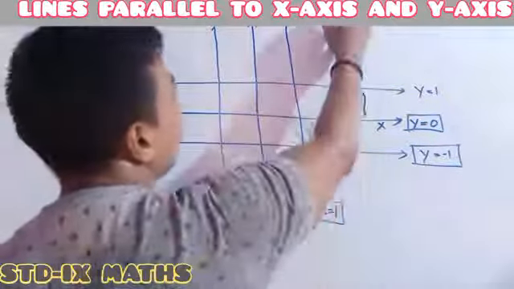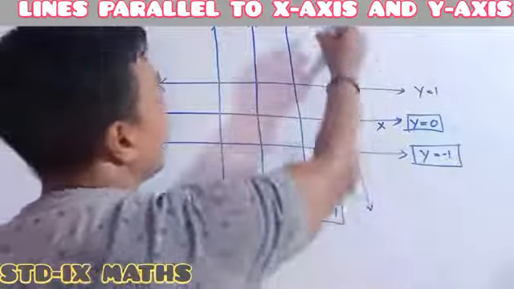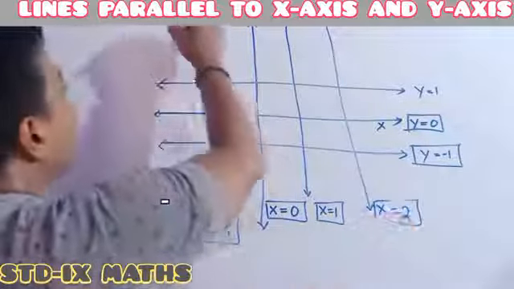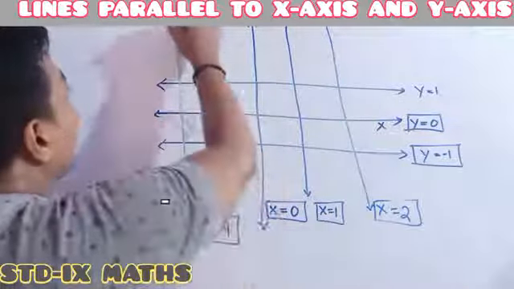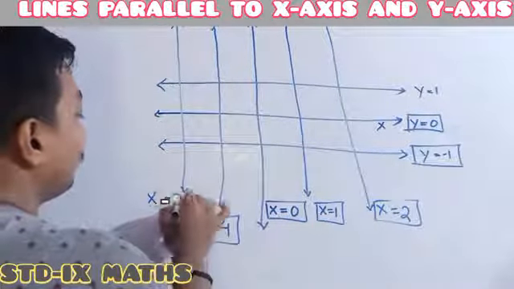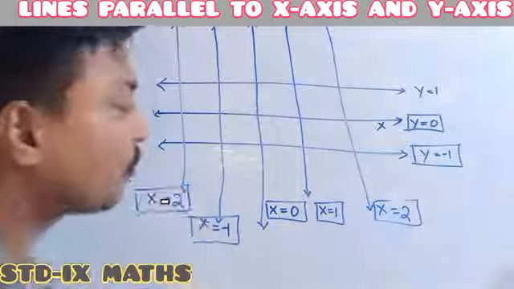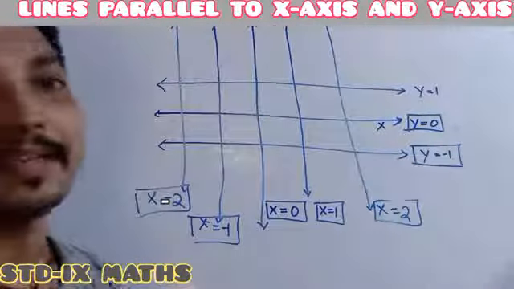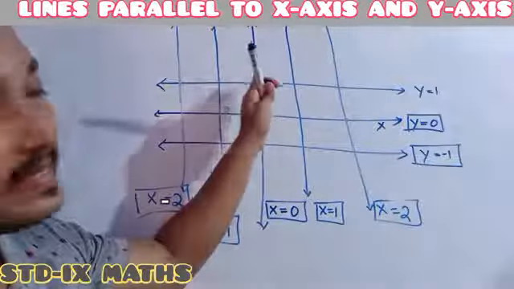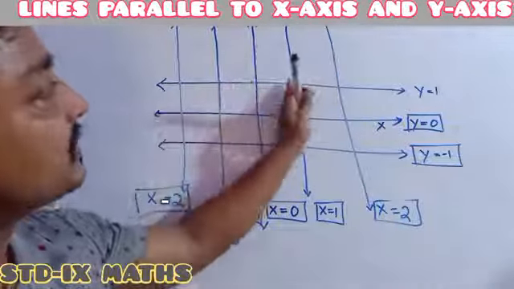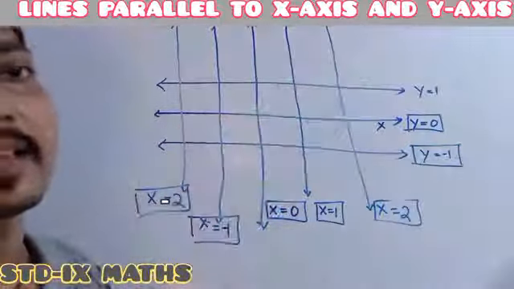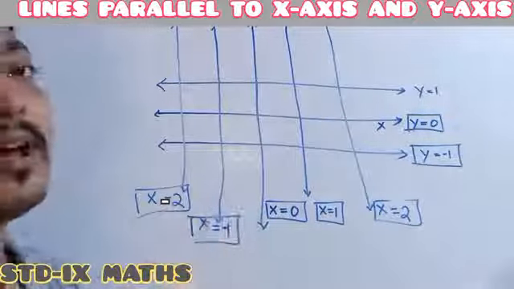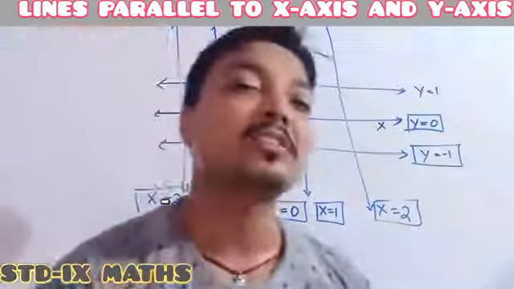Towards the right side 2 units, it means x is equal to 2, and towards the left side 2 units, it means x is equal to minus 2. So x is equal to constant means either the y-axis, otherwise parallel to the y-axis. Whenever it is 0 it means the y-axis, whenever other than 0 it means parallel to the right side or parallel to the left side. If it is positive, parallel to the right side; if it is negative, parallel to the left side. Understood? So today you just have to remember this much.